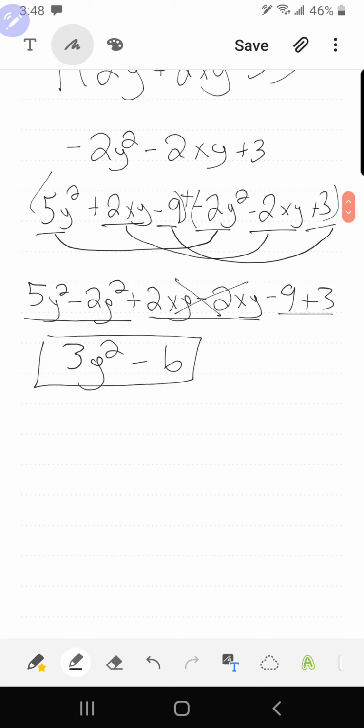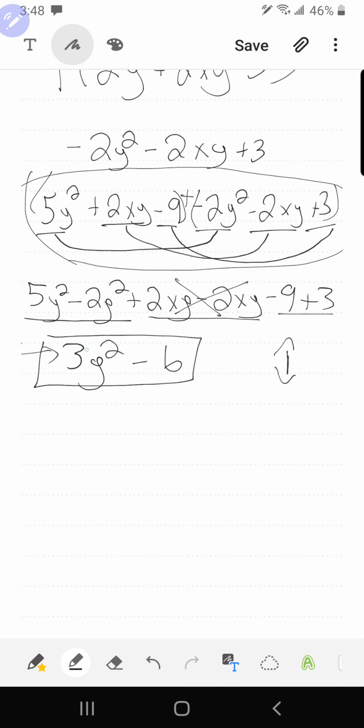Now if I were to do it vertically, I'm going to again take my combined terms, go back up here, and write them vertically, as in up and down. This is horizontally, left and right. So it's going to look like this. My 5y squared plus 2xy minus 9.